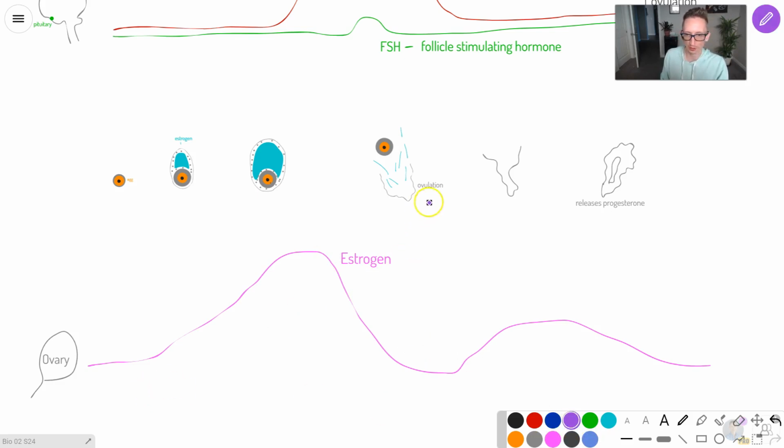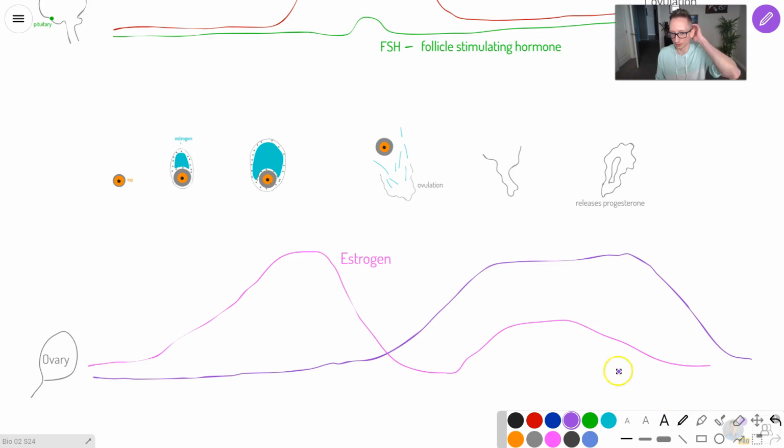And then we have progesterone, which, if you remember, is released by this corpus luteum. So progesterone is going to start as ovulation occurs, progesterone is going to rise, and then it's going to fall off, let's say, if pregnancy does not occur. So this is progesterone. Right? So estrogen is made here, progesterone is made here.